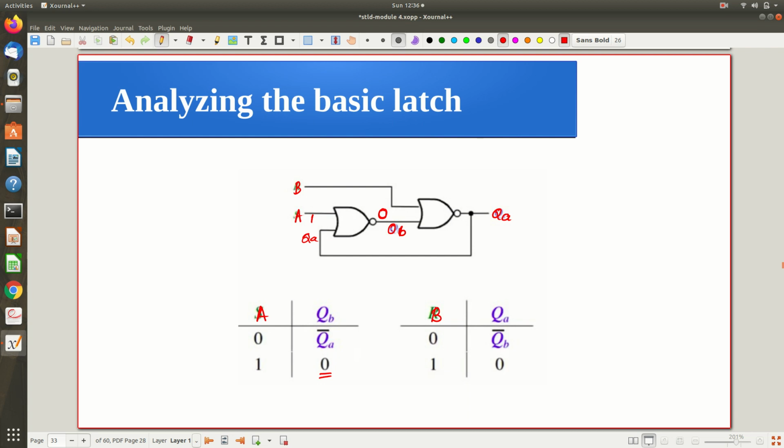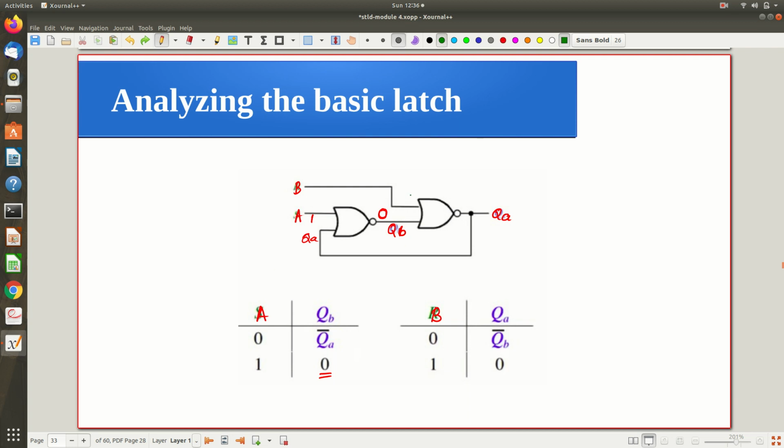Similarly, what about this B? When you give B as 0, you are getting this QB, and QA is found to be the QB complement. When this is 1 you will get 0 here, and when this is 0 you will get 1, so you just get its complement in the output. But what we are interested in is what will happen when this input is 1.